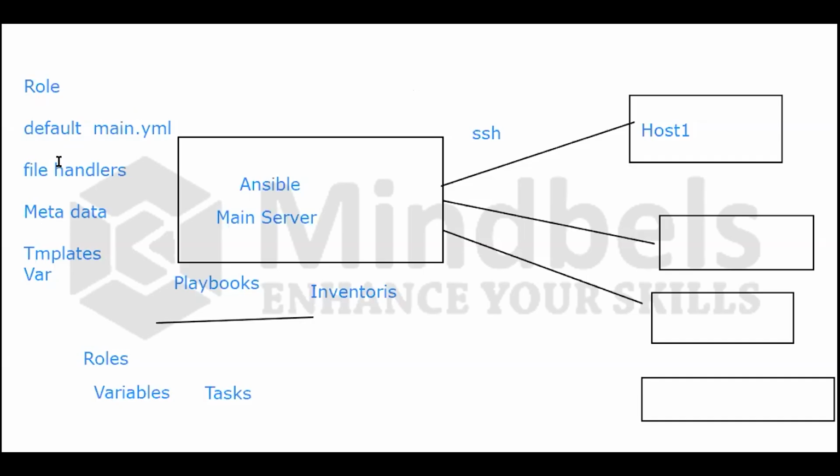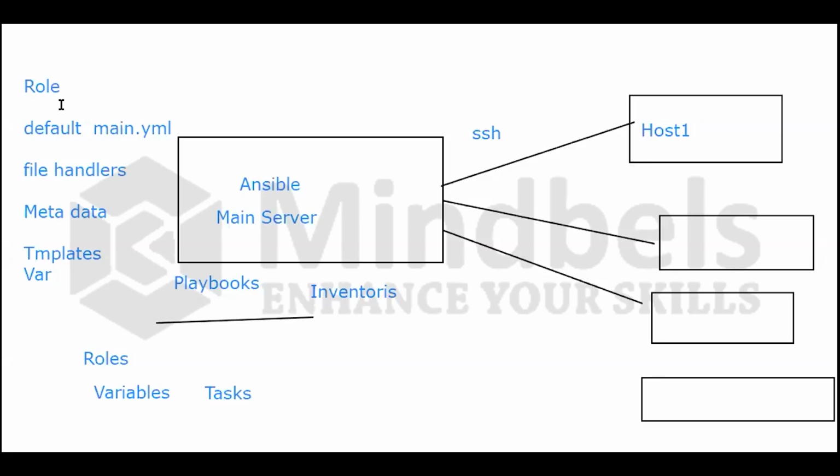Now what the default roles are is defined here in this playbook. We can give any name. All the roles to be used are default in this main.yaml in one file. Or we can do it in other ways. We have a file handlers role. Suppose we want to define the file handlers.